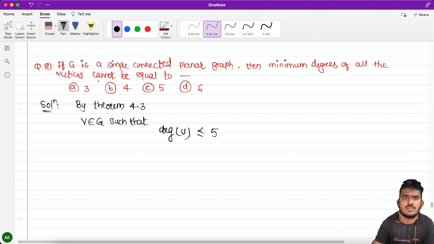They have asked what it cannot be, so it can be 3 because 3 is less than 5, it can be 4 because 4 is less than 5, and 5 is equal to 5, so only 6 is not possible. So we can say that in a simple connected planar graph the minimum degree is at most 5. It should be less than or equal to 5, so exceeding 5, it cannot be equal to 6. Okay, so this is the answer for this particular question.